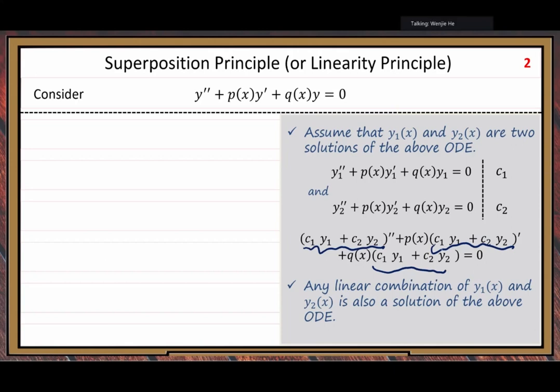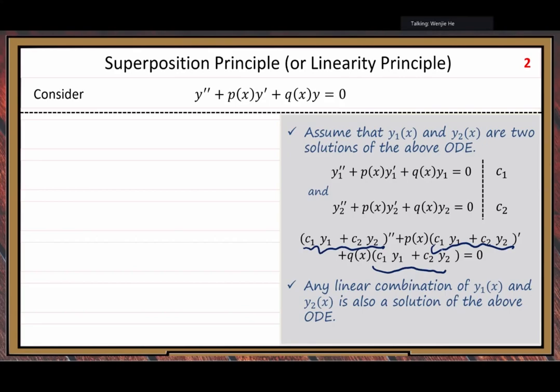That's the meaning of the linearity principle. So here we prove it: this homogeneous linear second order ODE satisfies the linearity principle.